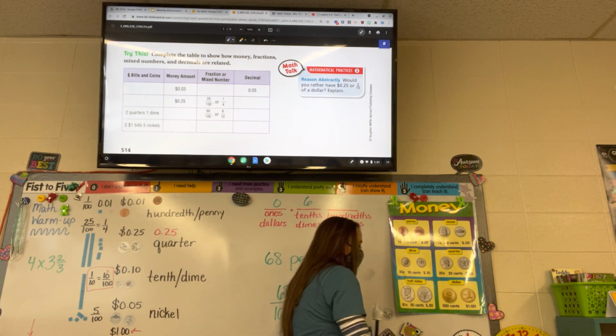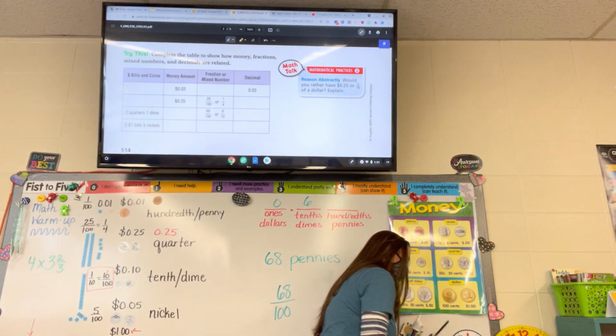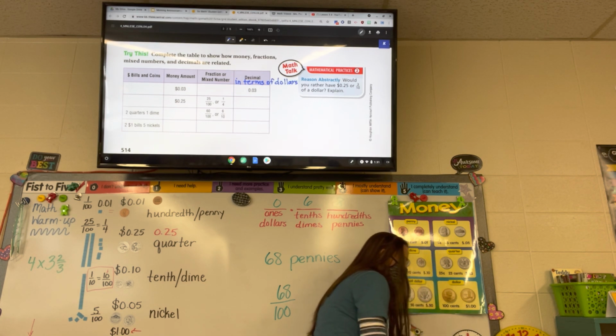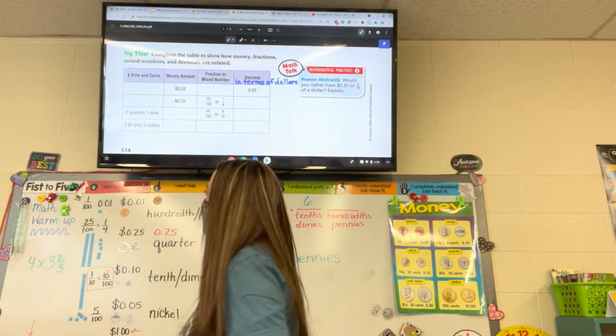Underneath the word decimal, guys, I want you to write in terms of dollars. Because that's how they're going to word it on our instructions later.